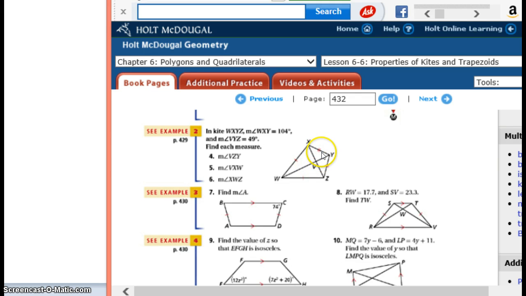And we also know that these are congruent, and these are congruent, and these are both 90 degrees. So basically we know by side, angle, side, SAS, that these two are congruent. This angle is 49. Okay? So we have 49 and 90.